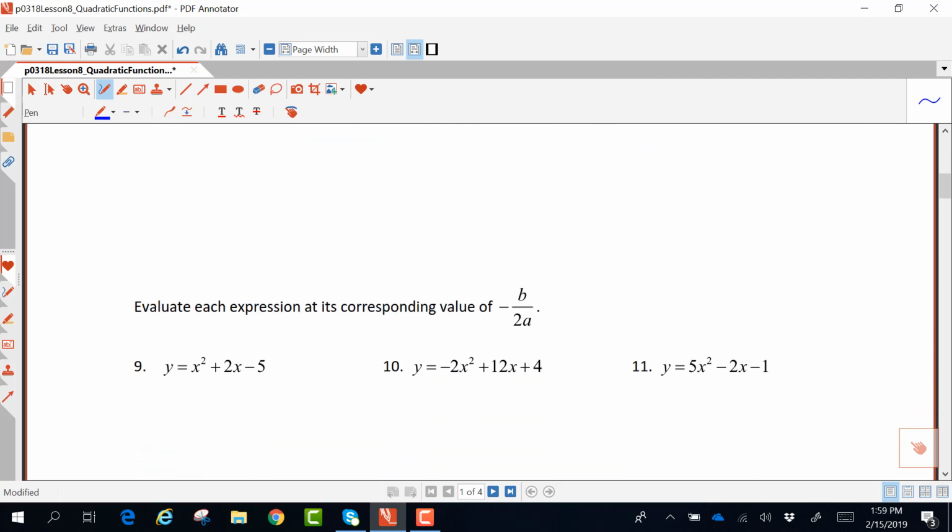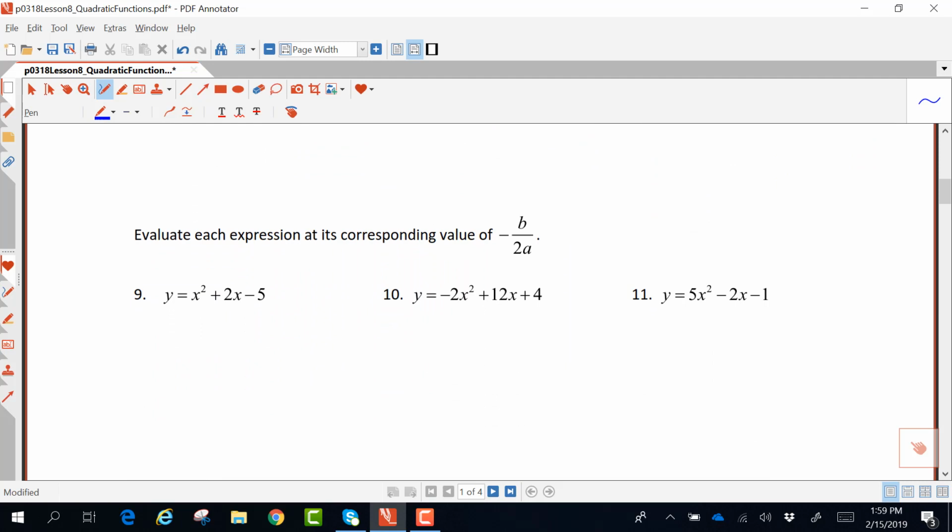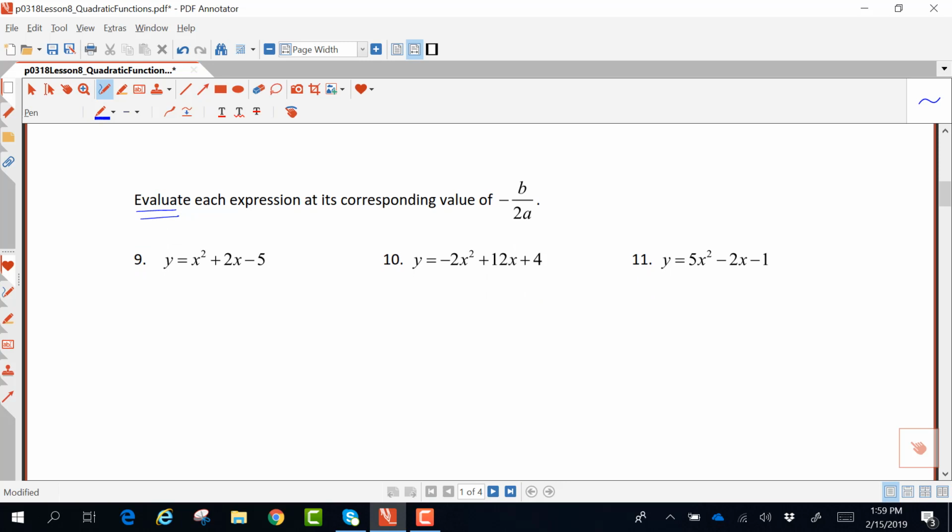As we scroll down, again it's referring to -b/2a, but they also want me to evaluate the given equation at -b/2a. Let's look at number 10. A would be equal to -2, and b, the coefficient of x, would be 12.